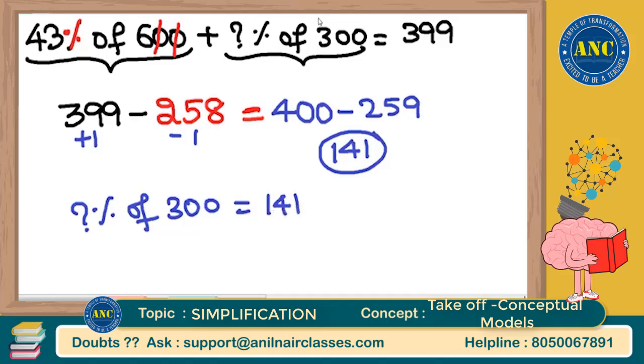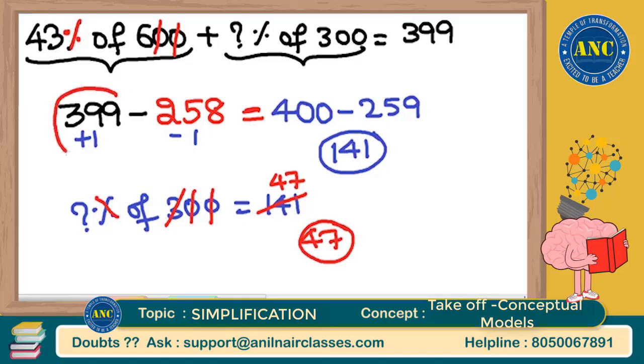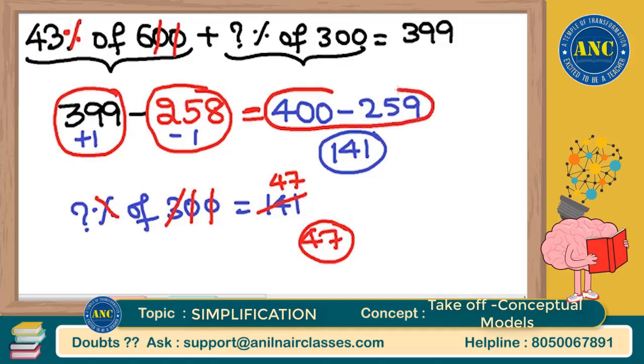Again, percentage will cancel out with 2 zeros. 3 into 47 is 141. Question mark is 47. This is something which I want to teach you in almost all the problems. Make it a fancy number so that you are reducing the complexity of simplification. Answer for this question is 47.